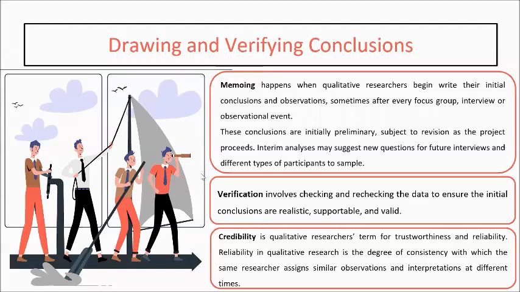So after memoing, the initial conclusion, next is verification, where you confirm if your initial conclusions are correct. Next is credibility, the researcher's trustworthiness and reliability, whether it is believable and true.